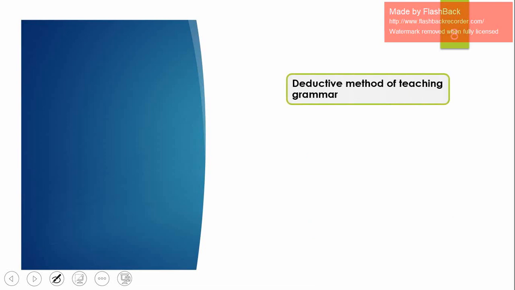Next is deductive method of teaching grammar. So there are two methods of teaching grammar. First I will explain these two methods, and then I will tell you about the deductive method of teaching grammar. So inductive method of teaching grammar and deductive method. In the inductive method, the student discovers grammatical rules by himself, by reading a lot of passages and material.